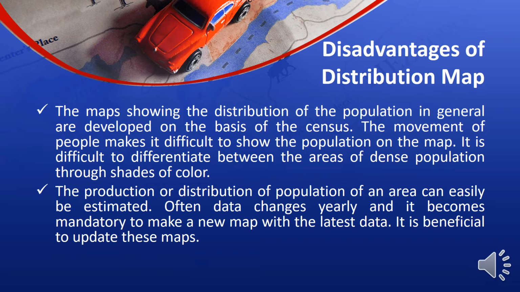Another disadvantage is that the production or distribution of population of an area can easily be estimated. Often, data changes yearly and it becomes mandatory to make a new map with the latest data. It is beneficial to update these maps.